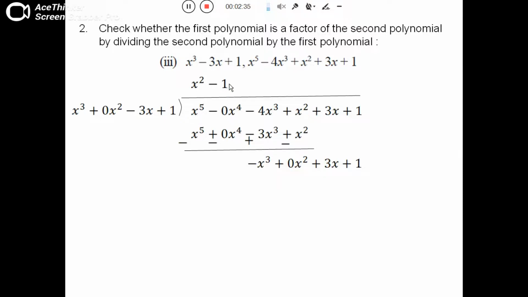Now take minus 1 as the quotient. Why? Because minus 1 multiplied by plus x cube equals minus x cube. So let us multiply minus 1 into this divisor. Minus 1 into x cube equals minus x cube. Minus 1 into 0x square equals 0x square.